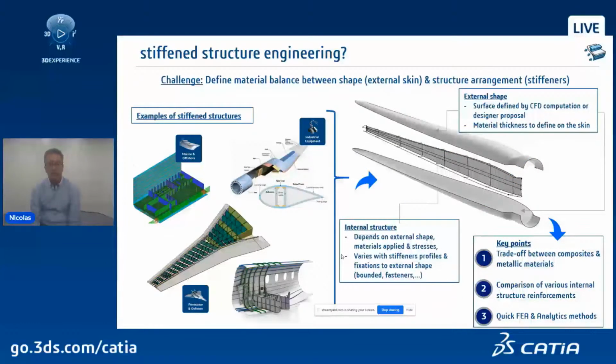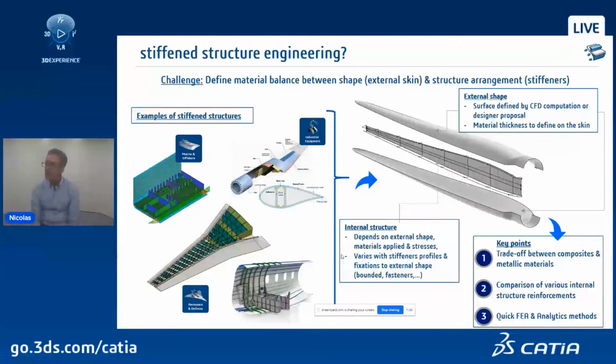So stiffened structure, you have plenty of examples. It's anytime you have a skin or a panel where you would want to control the thickness of it or see what would be a good trade-off between a thin skin and underlying structure made out of stiffeners like stringer, ribs, frames. You can find plenty of examples of that in the aerospace industry, as well as marine and offshore and industrial equipment.